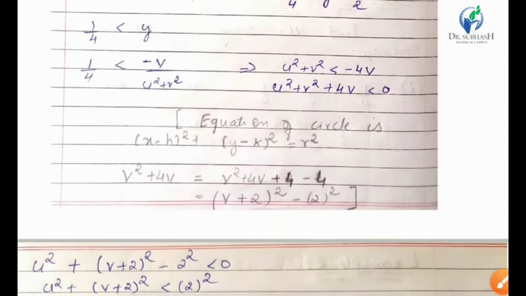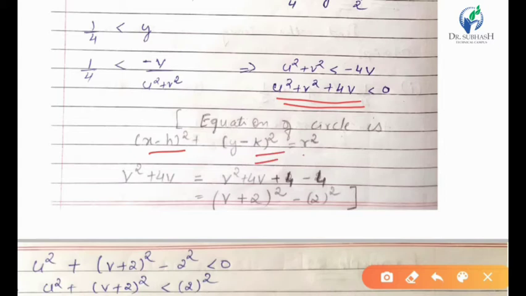See, now what we have to do is convert this into the simplified form to know what is the exact image. Now we know that the equation of the circle is (x minus h) whole square plus (y minus k) whole square is equal to r square, where r is the radius and (h, k) is the center. So now we will simplify this equation.